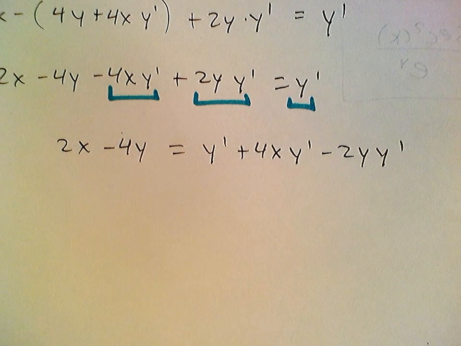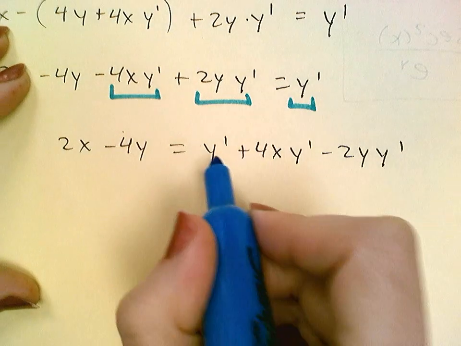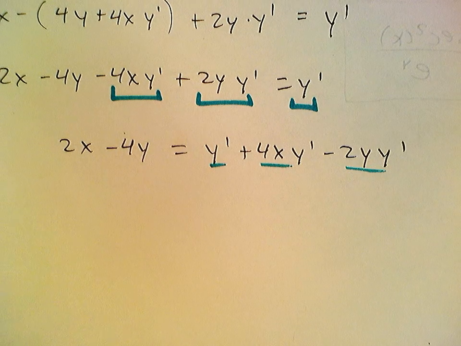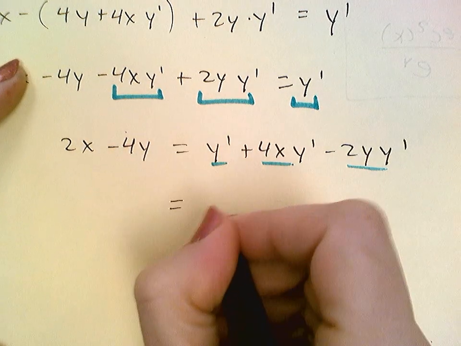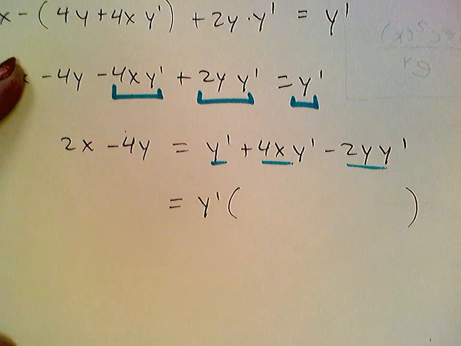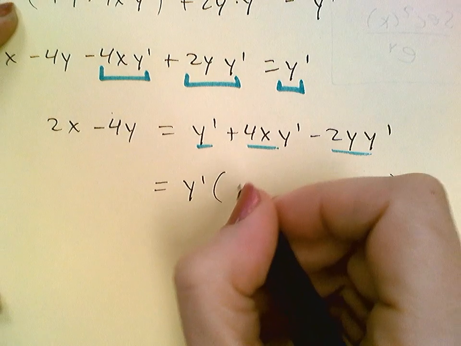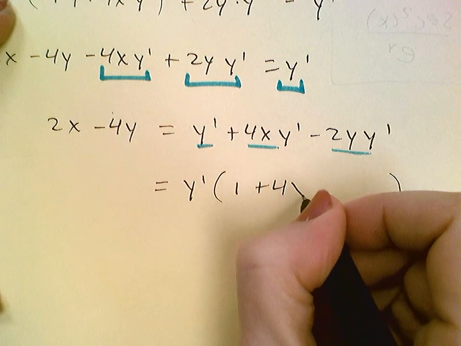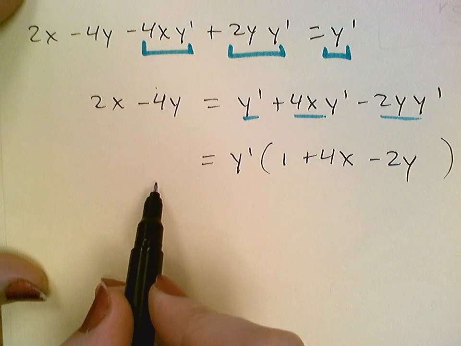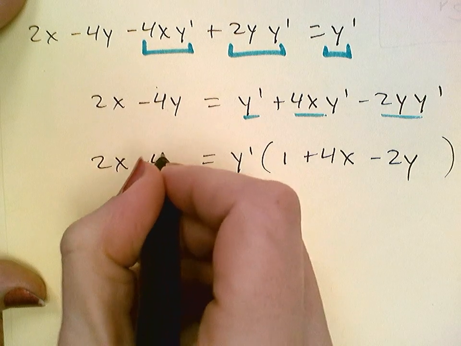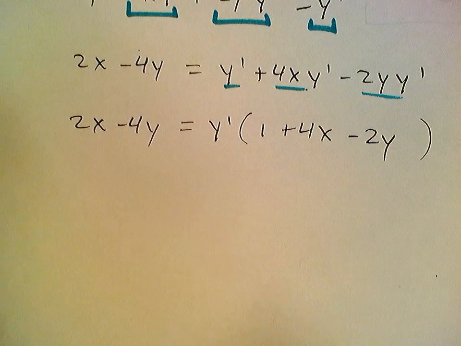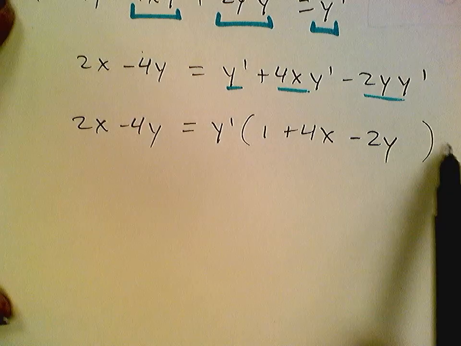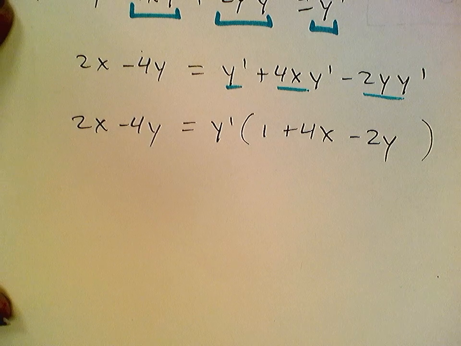And then each of these is a y prime term, so I can factor out a y prime. And then over here. And then just divide both sides by that factor.